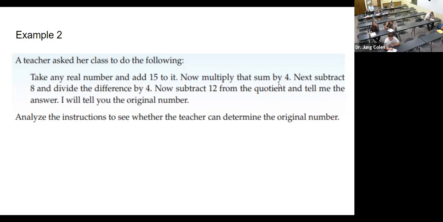Now multiply the new number by 4. You can use your pencil and paper. Then subtract 8 from that number. And divide that difference, the new number that you got after subtracting, by 4.